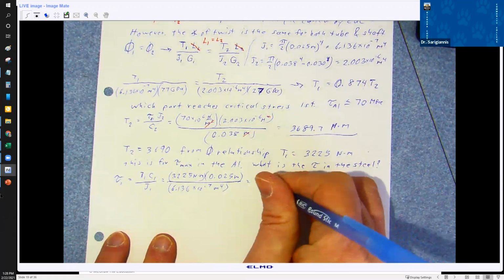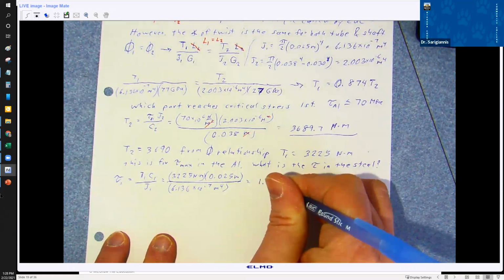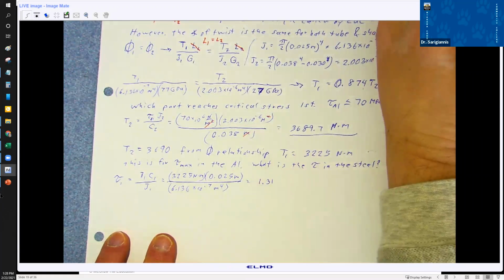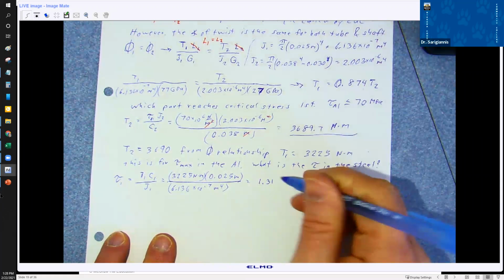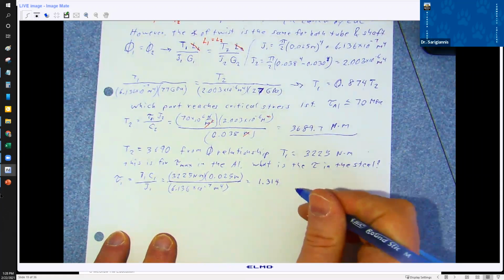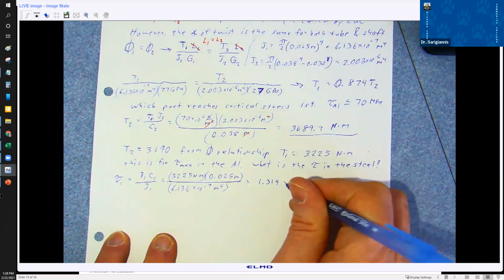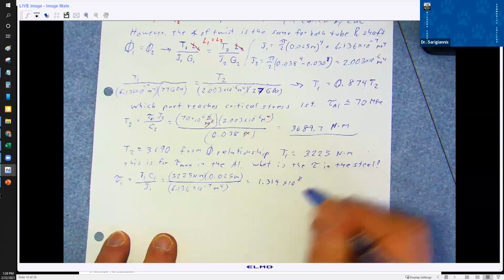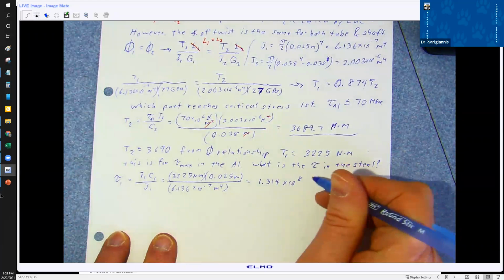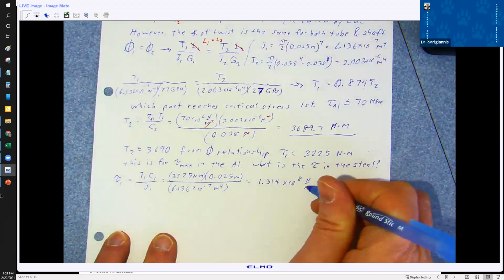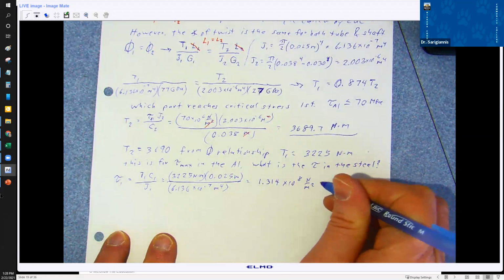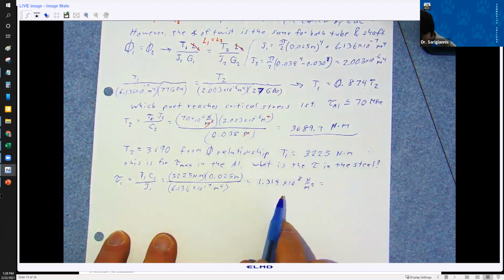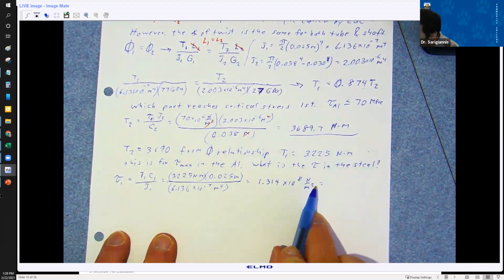So I'm going to call this 1.31, I'll round it here, 1.314. That looks like a good place to round. Times 10 to the 8th. And our units on this are newtons per meter squared, which is equal to a Pascal.